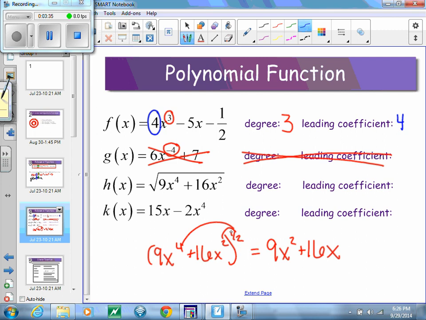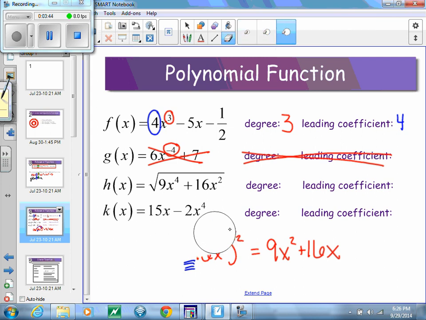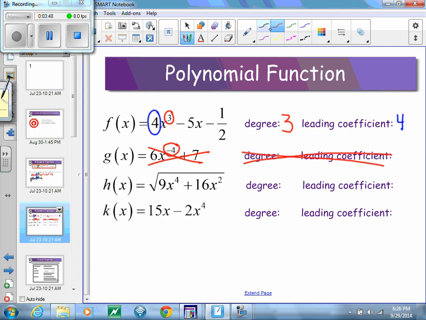Now remember that you cannot distribute a power to a sum or a difference. You can only do that when you're multiplying. And so what we end up having here, with this square root, is that this is not going to be a polynomial. So we will not have a degree, we will not have a leading coefficient.